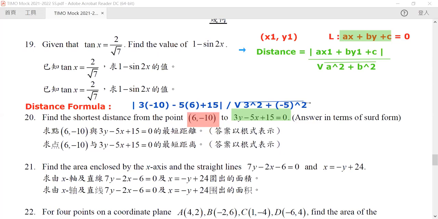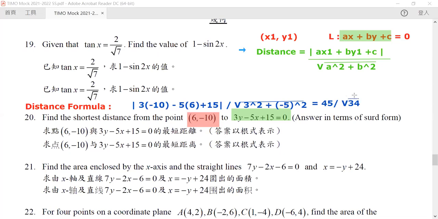So the first part is 3 times negative 10, which is negative 30, minus 30 plus 15, so it will be minus 45. But the absolute value of minus 45 is exactly 45. And the denominator is equal to 9 plus 25, so we get root 34. Okay, so this one is our answer.